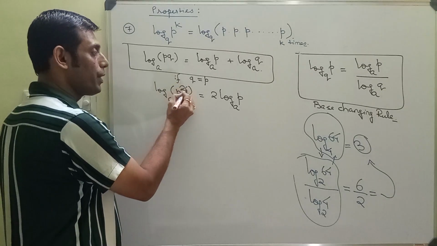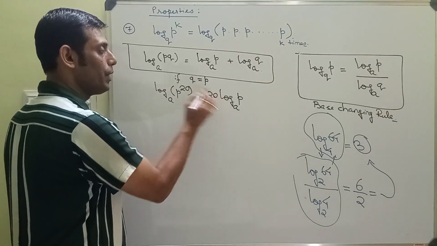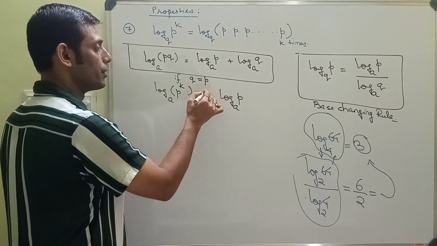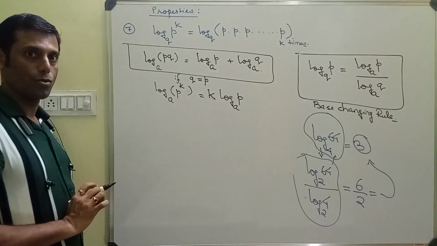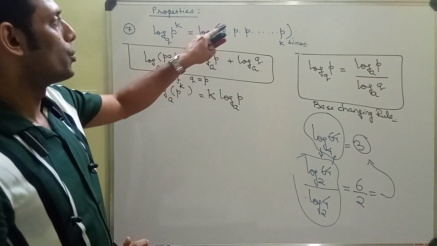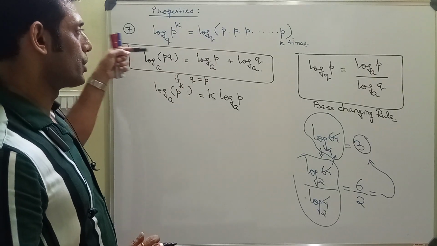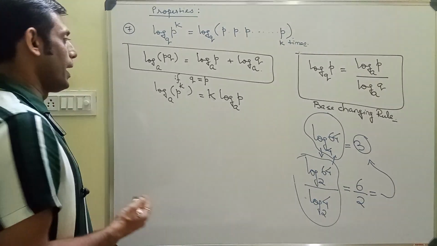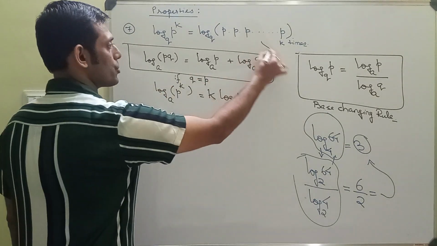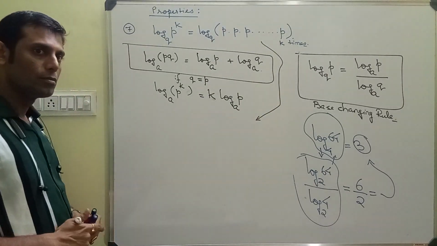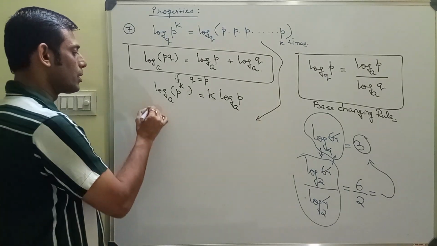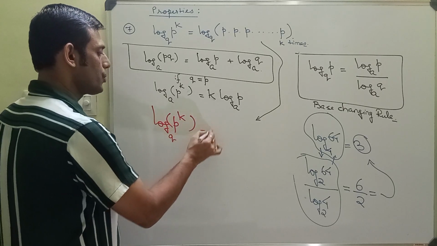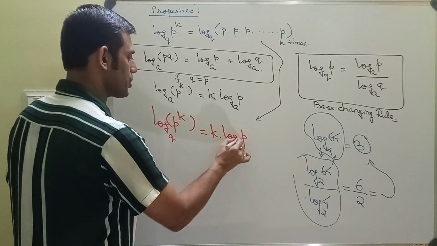And if suppose this is 20, then this will become 20. And what if this becomes k? Then this becomes k, and that means this product is going to get converted to a sum, the sum of log p base q, k times, and hence we can say log p power k base q is equal to k log p base q.